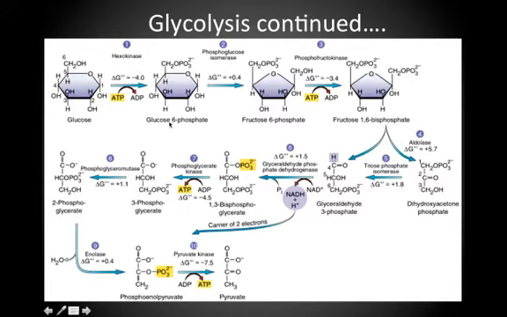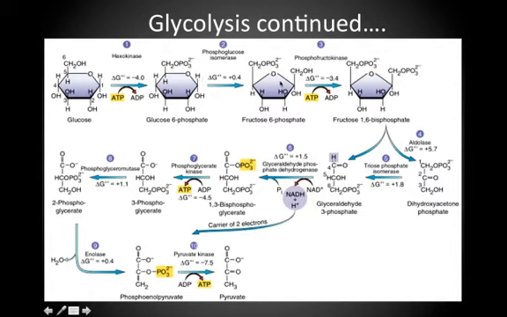Basically, they change the structure of one molecule and put it into the structure of another. It's called phosphoglucose isomerase because it's taking a glucose with a phosphate and making its isomer, fructose 6-phosphate. So now we have a molecule called fructose 6-phosphate where we have phosphate on the number 6 carbon still, and we have a carbon that goes from inside the ring to outside the ring.